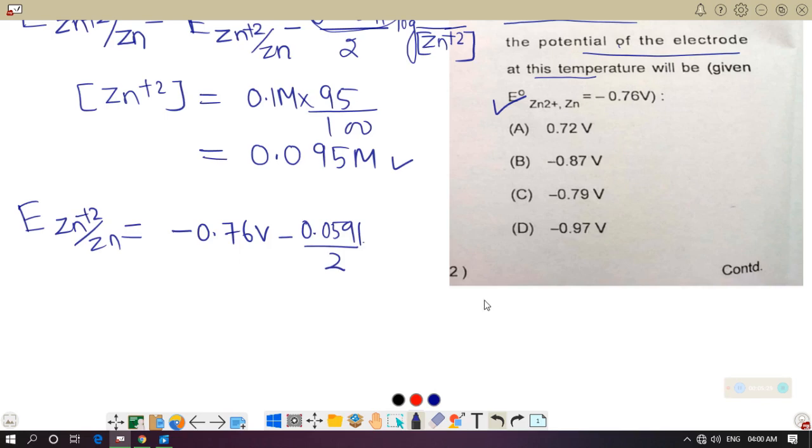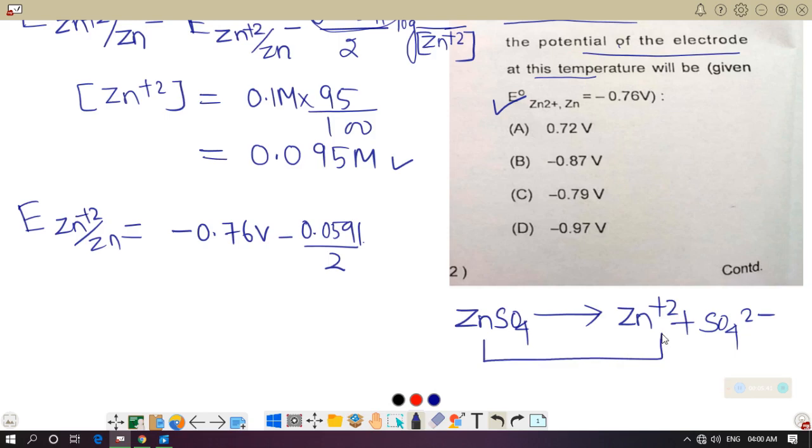I will add the equation as well: zinc sulfate solution is given, which will give rise to Zn2+ plus SO4 2-, and zinc will lose 2 electrons, so n is equal to 2.